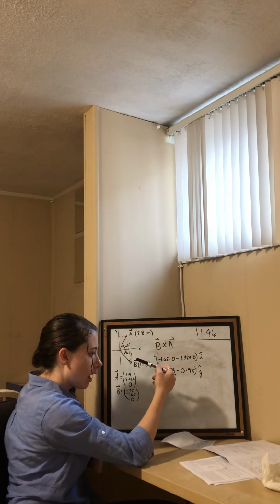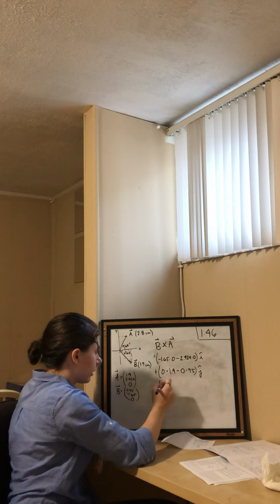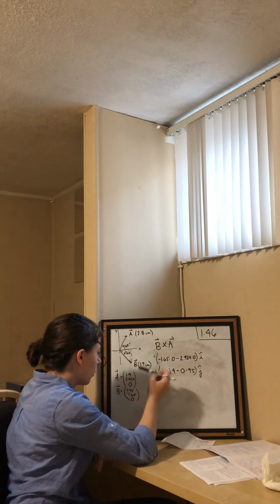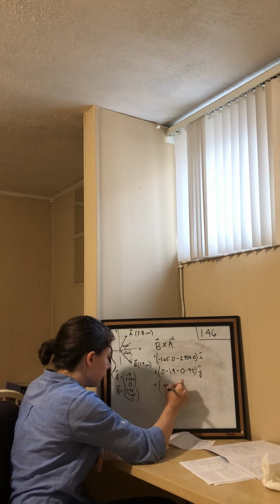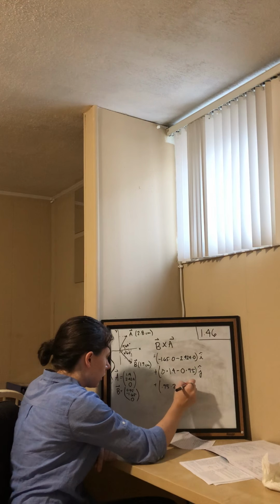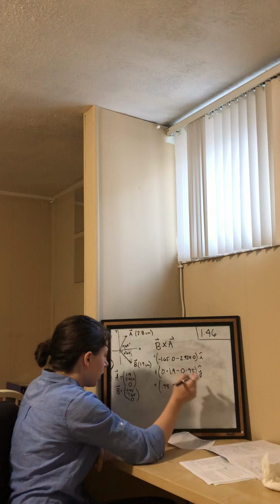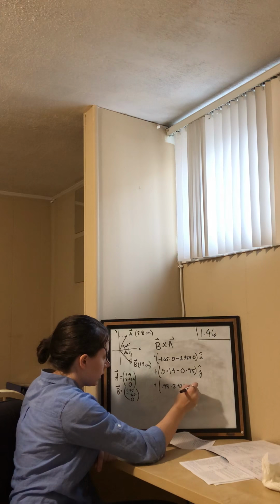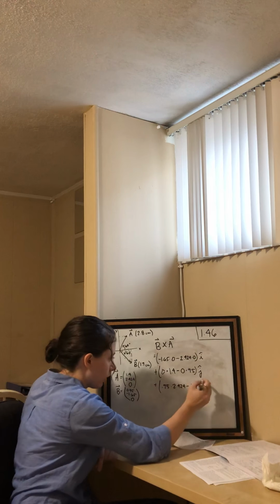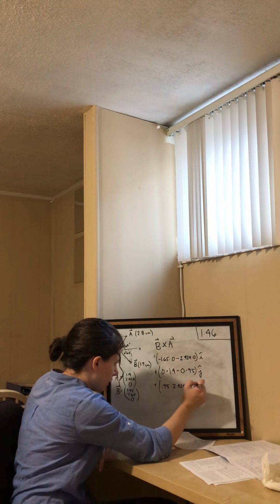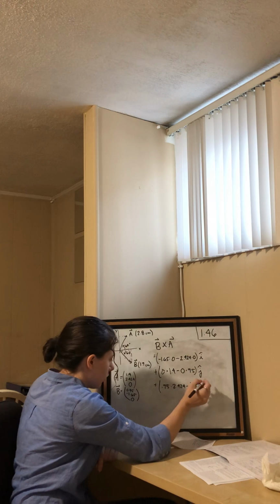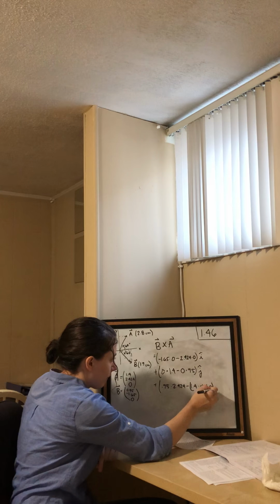And then for our k, we will take the x component of vector B times the y component of vector A, minus the x component of vector A times the y component of vector B, negative 1.65.